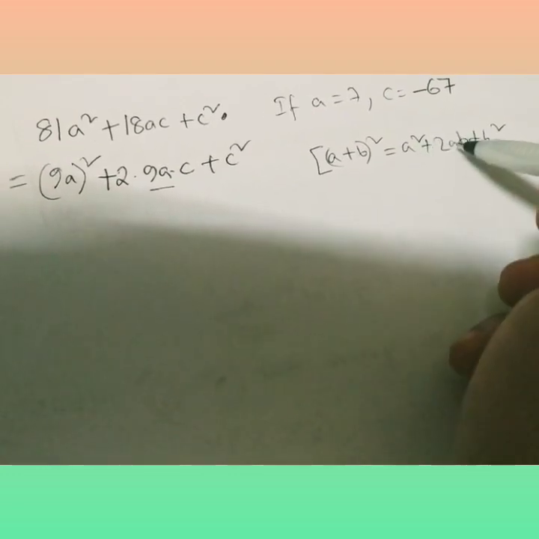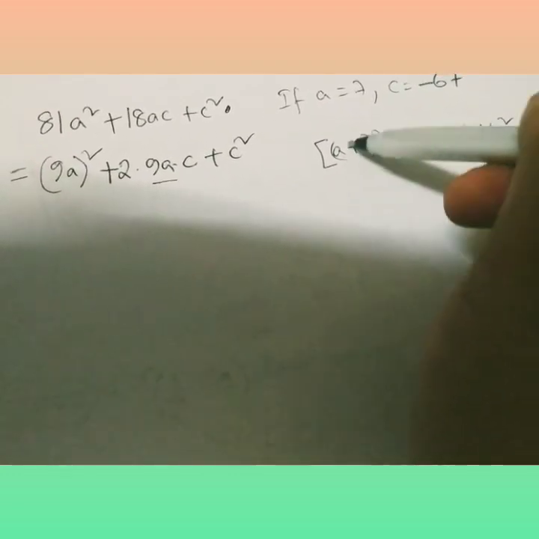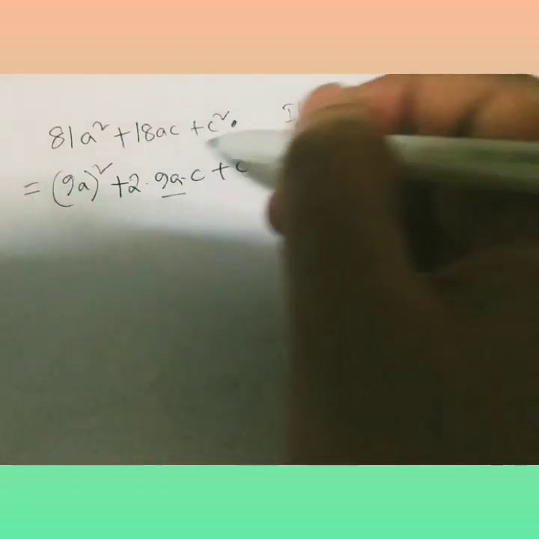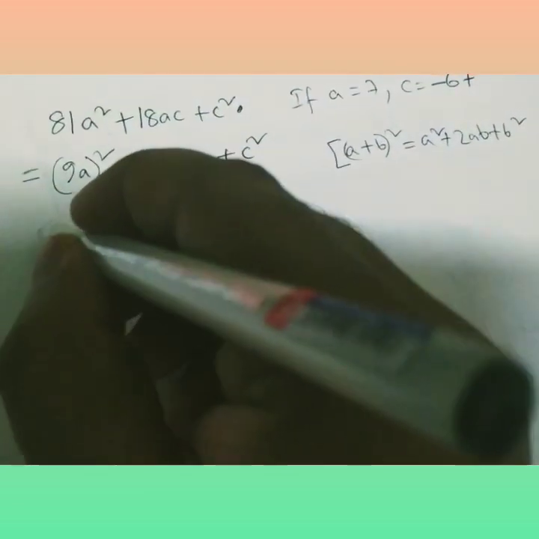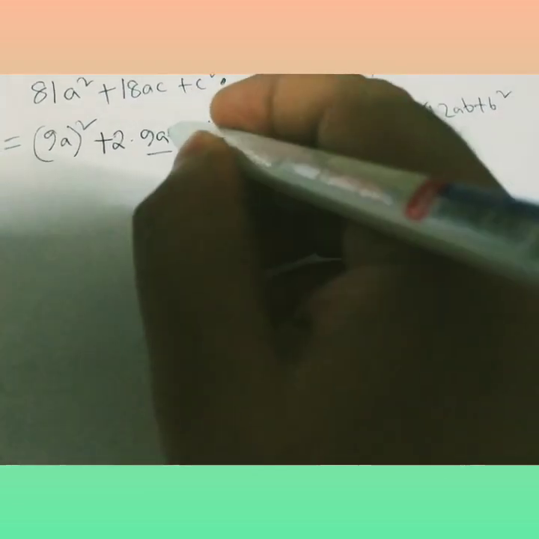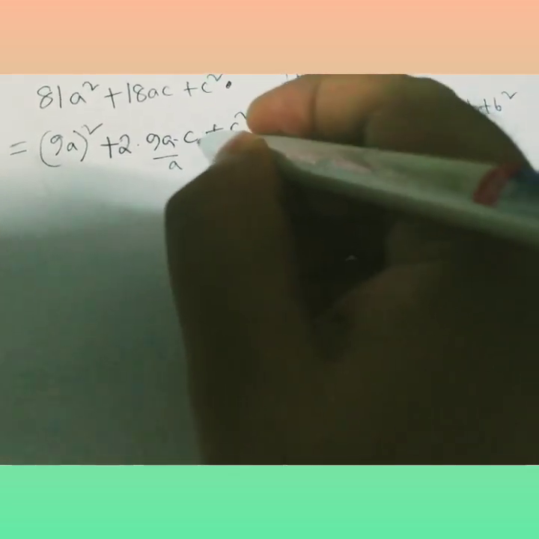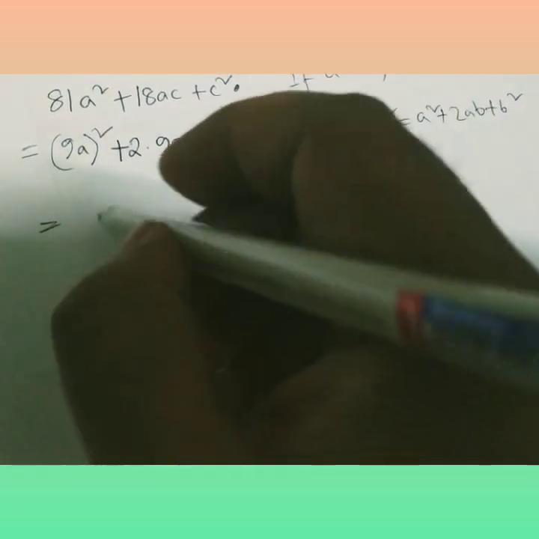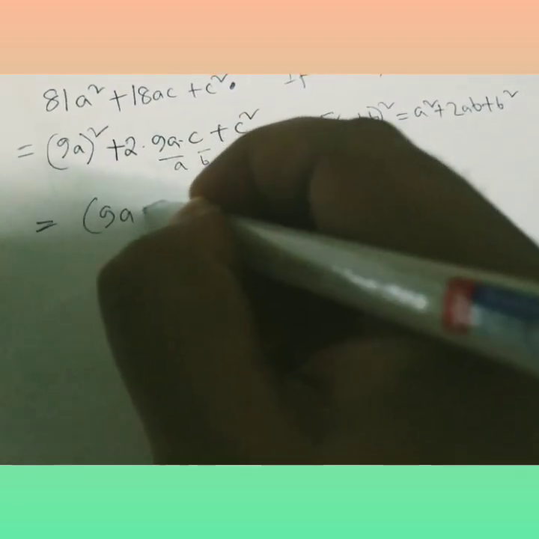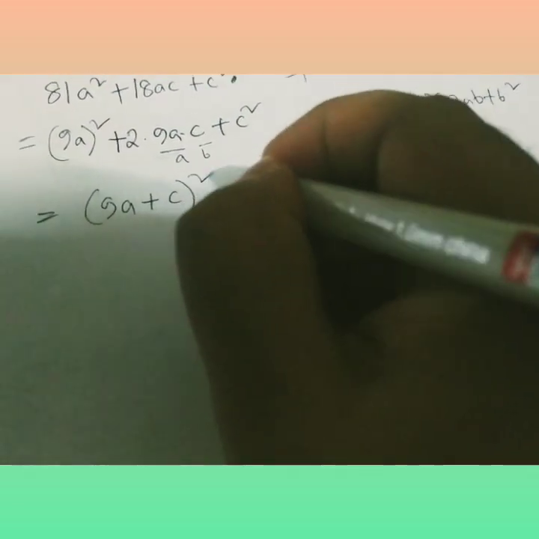So a square plus 2ab plus b square equal to what? A plus b whole square. So we can also write this as a plus b whole square. My a is actually 9a over here. This is my a and this is my b. So we can write equals to 9a plus c whole square.